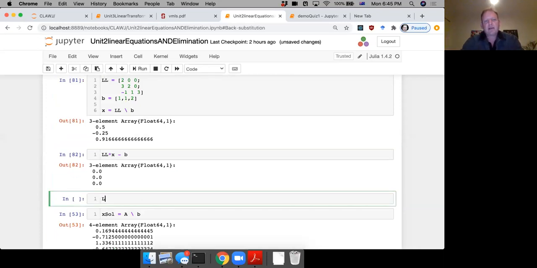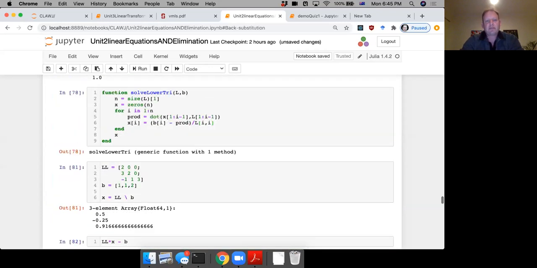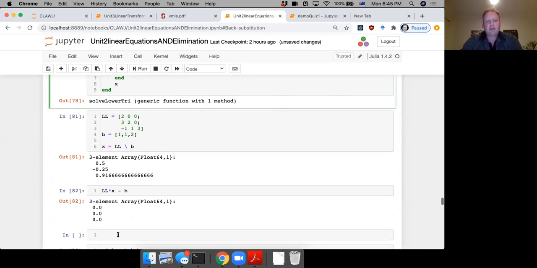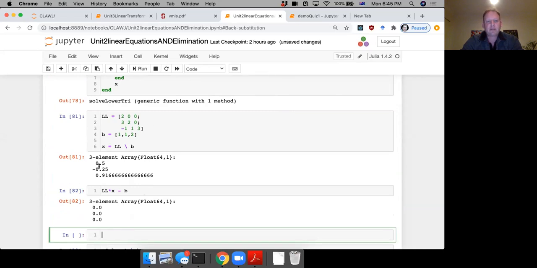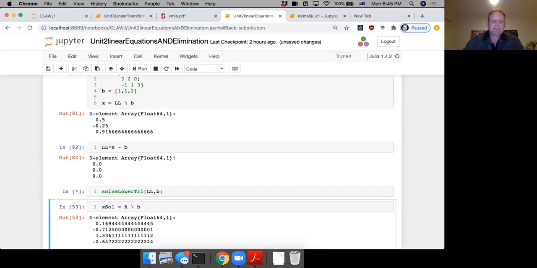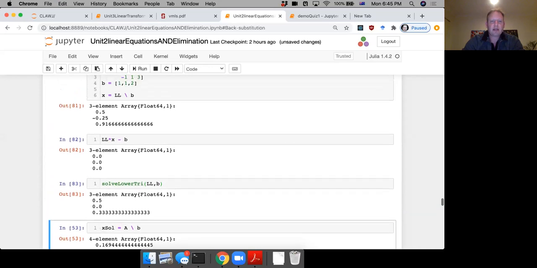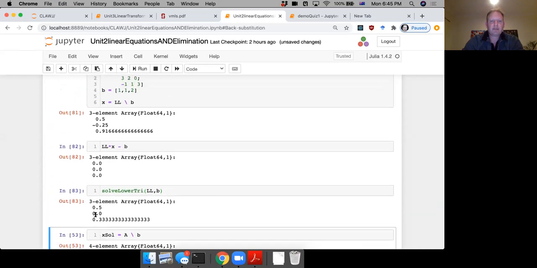Okay, so now let's do solve lower tri of LL and B. This is our B. 0.5 and so on. That didn't work at all. 0.5 worked, but the next one didn't.